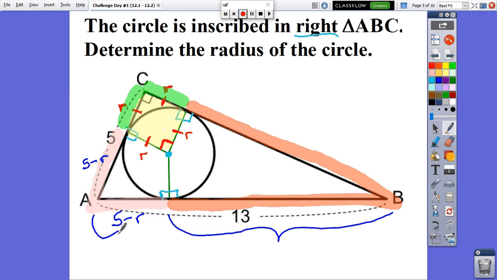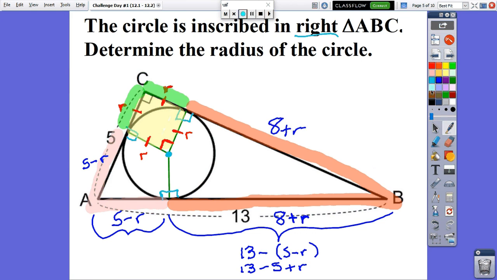Well, if this piece is 5 minus R, then this piece is going to be the whole thing, 13, minus what that little part over there was, 5 minus R. But notice I'm putting that in parentheses. So really, this is 13 minus 5, and then we're subtracting a negative R, so it's really going to be a plus R. 13 minus 5 is 8, and then plus R, 8 plus R. All right, which means this party hat is 8 plus R.